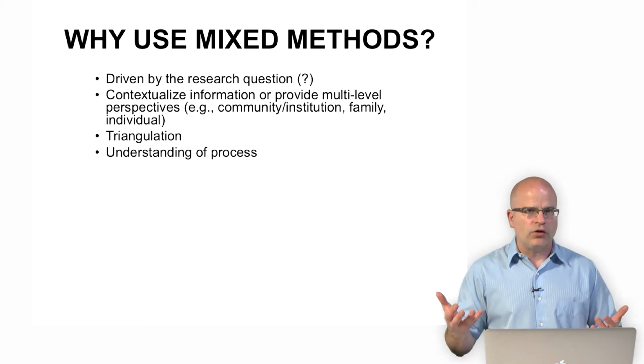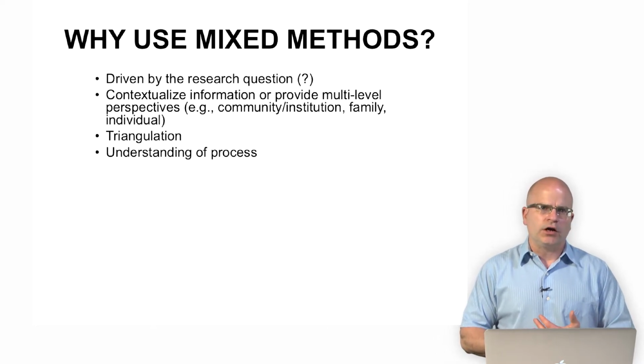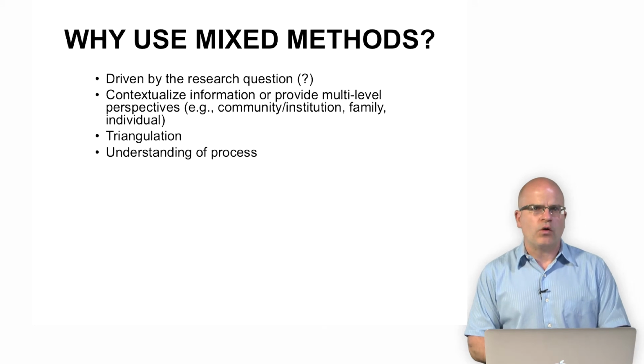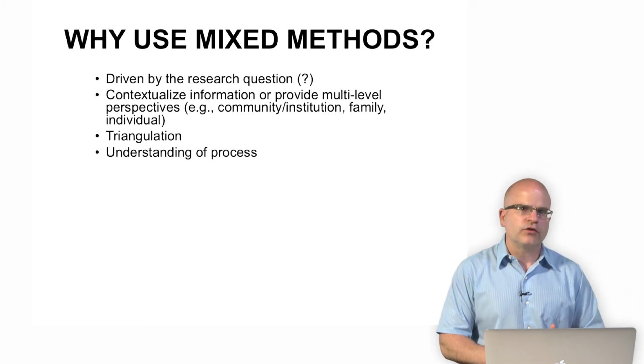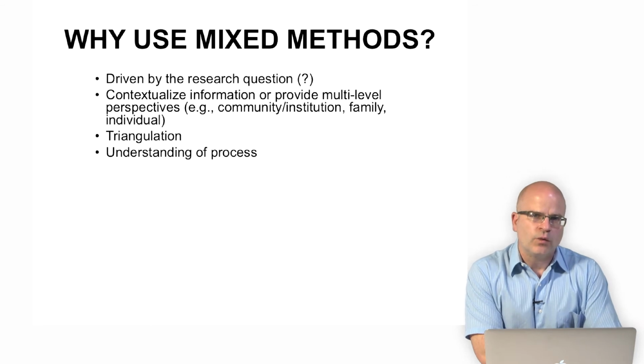And those contextual analyses or methods may better align themselves with more of a qualitative approach, whether it's ethnography or something similar. So again, utilizing mixed methods as a way to better understand multiple levels of influence to answer a given question is another very strong rationale for why one would consider adopting this approach.